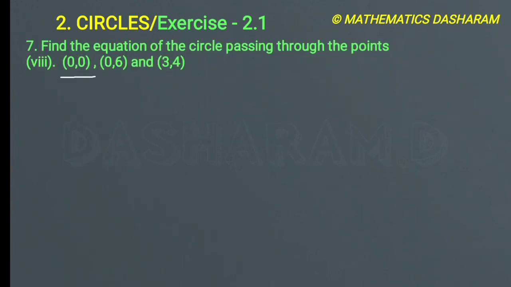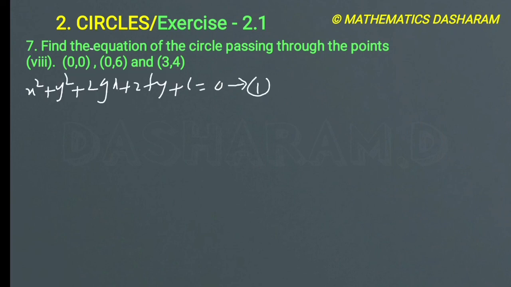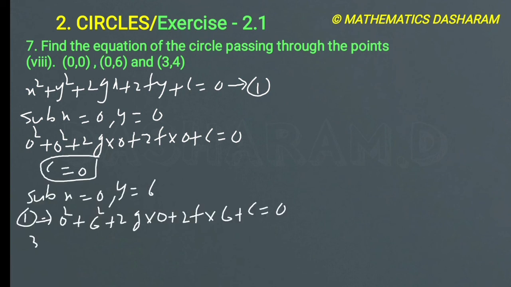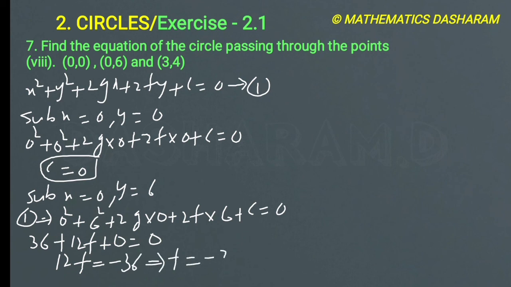Eighth question: 0 comma 0, 0 comma 6 and 3 comma 4. Substitute the first point 0 comma 0. From this, c equals 0. Next, substitute the second point 0 comma 6. So 6 square is 36, 2 6s are 12f, plus c value is 0, it equals 0. Then 12f equals minus 36, so from this f equals minus 3.